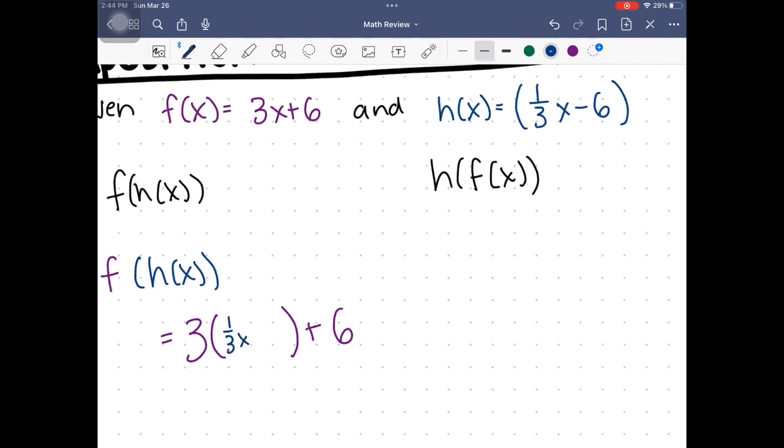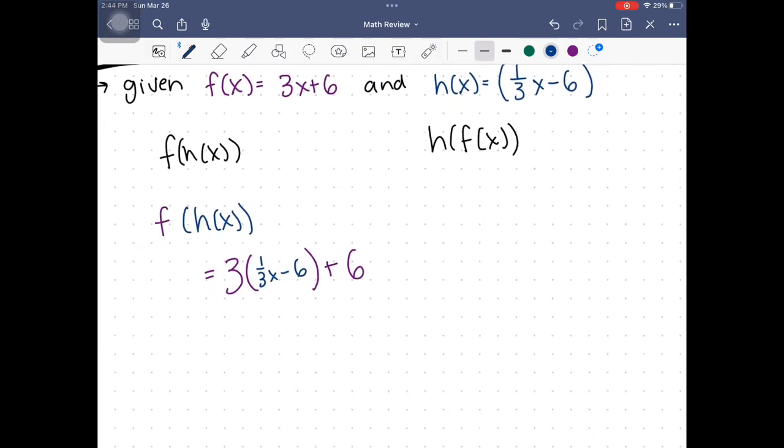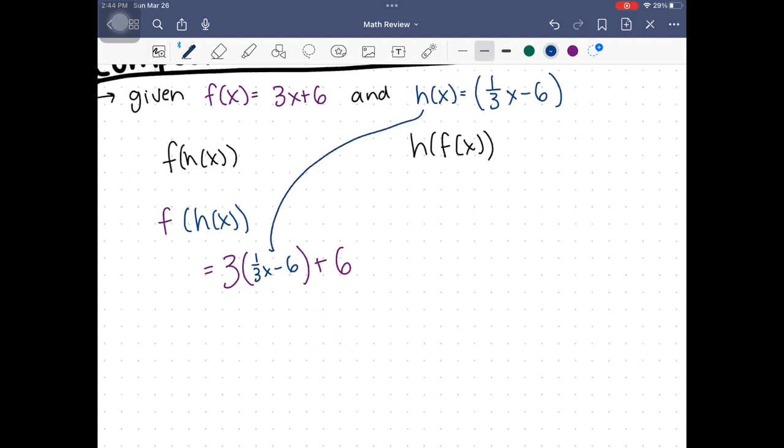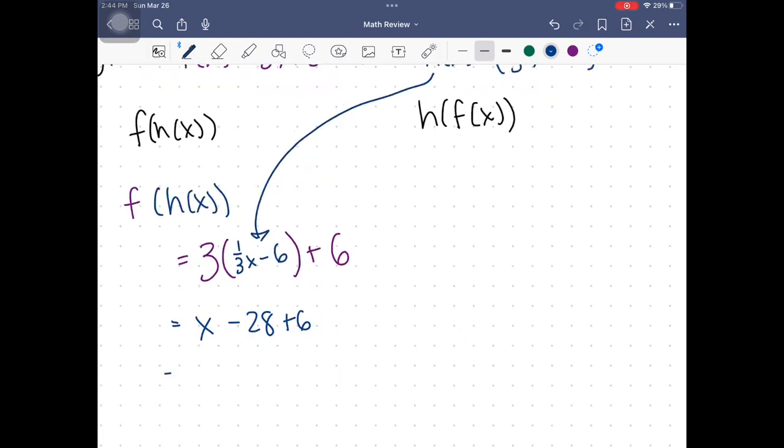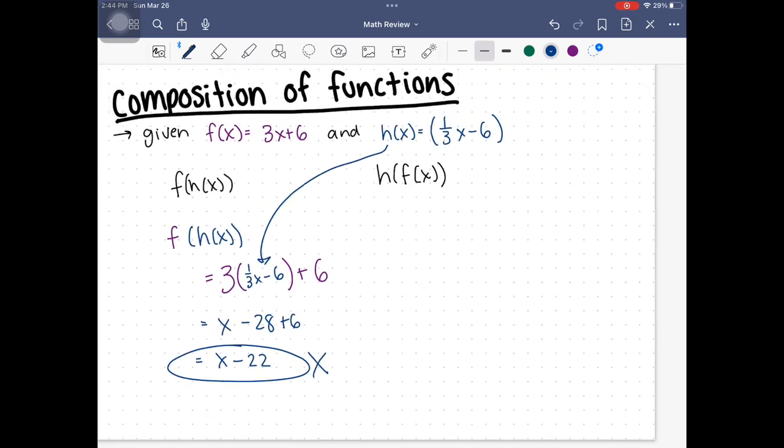So 1/3 x minus 6. Okay, I'm plugging this h of x in right here. If we just simplify here, we're going to have x, and this is going to be minus 22. I can already tell right here that it is not going to be an inverse because it does not equal x. So you can stop right there, okay?